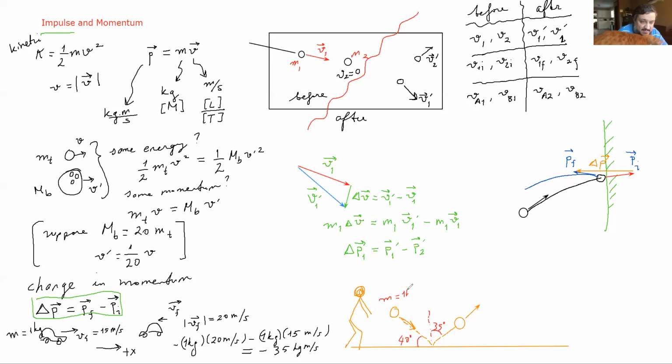It's usually less than that, but let's say it's 1 kilogram, all right? And the speed before, let's say, is 4 meters per second, and after 3 meters per second. Okay.